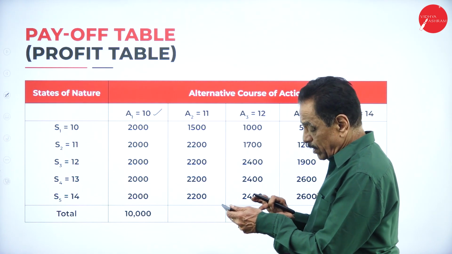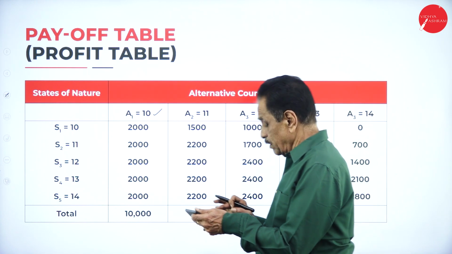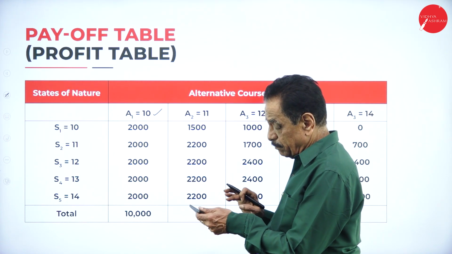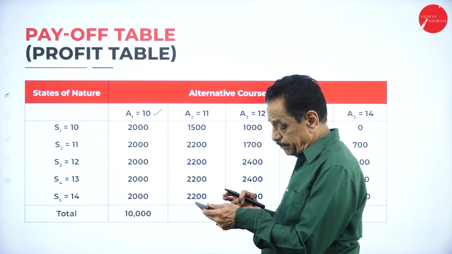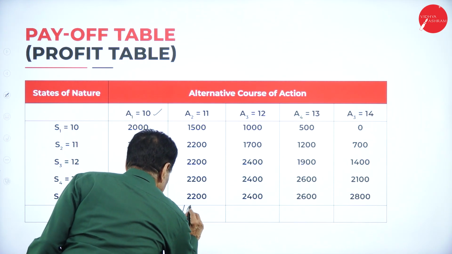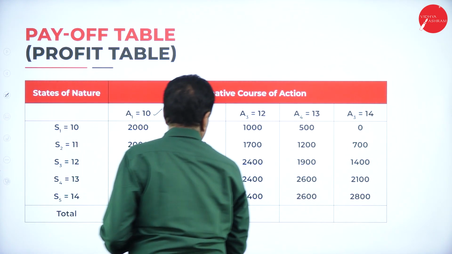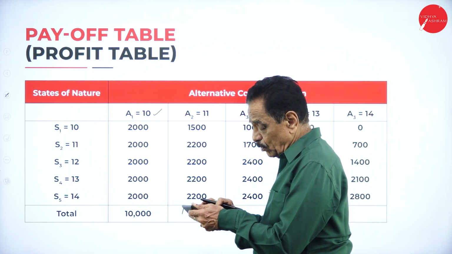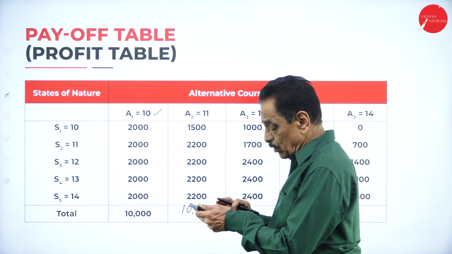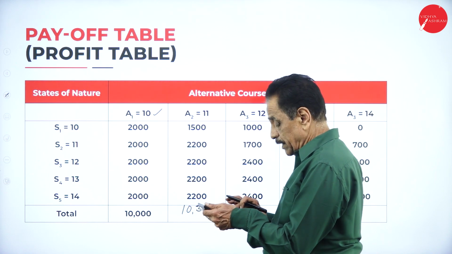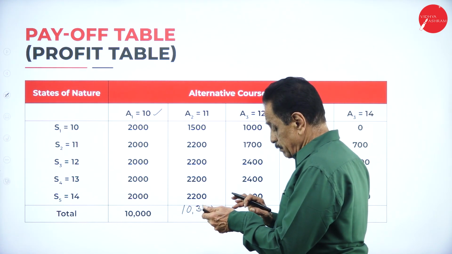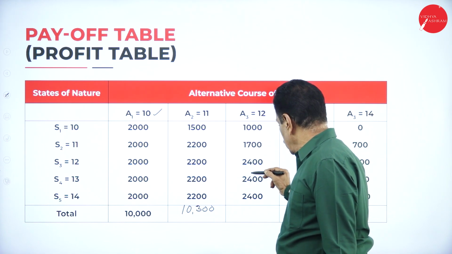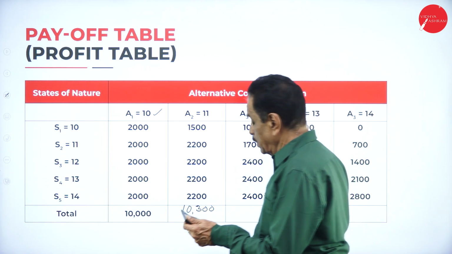So here A1 is 10,000. Second one: 1500 plus 2200 plus 2200 plus 2200 plus 2200, that is 10,300. Come back here: 1000 plus 1700 plus 2400 plus 2400 plus 2400, that is 9,900.